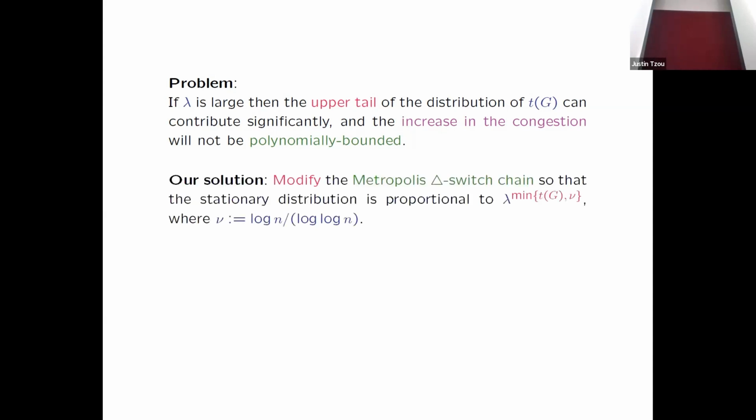So the modification that we did was to say, in the stationary distribution, you get a factor of lambda for each triangle only up until a certain cutoff, which we called nu. And after that, the triangles just give you a factor of 1. They make no further impact, okay? And we chose nu to be log n over log log n because that gave us what we wanted.